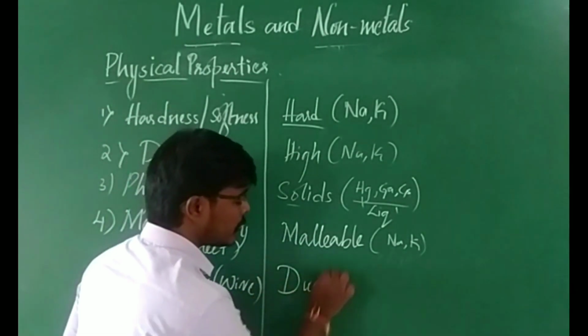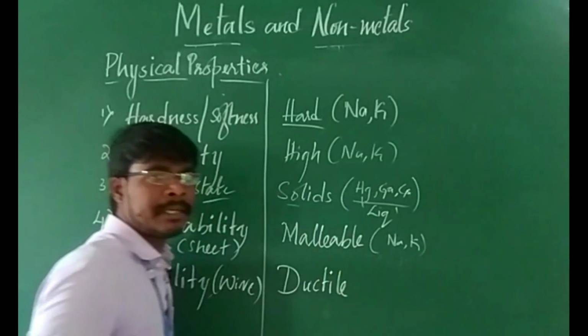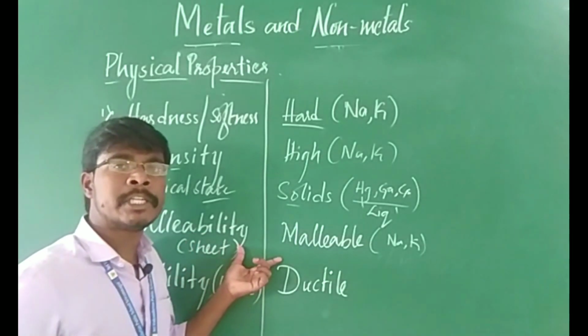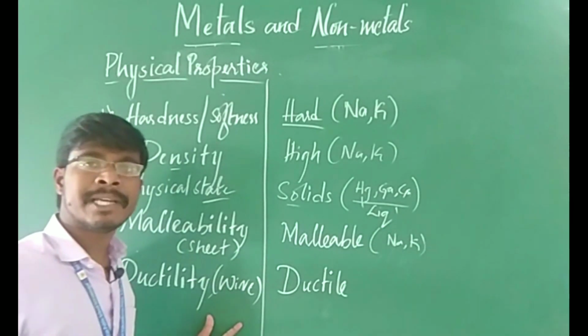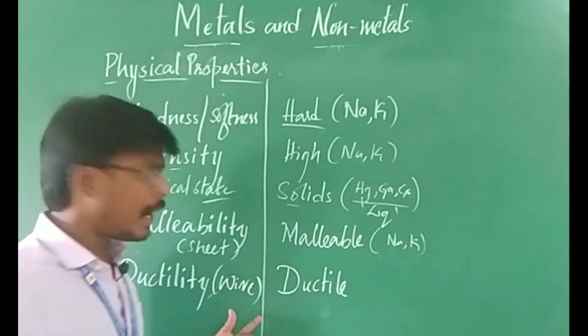Almost all the metals are ductile in nature. All metals are malleable, which can be formed into thin sheets. All the metals are ductile, which can be formed into thin wires.